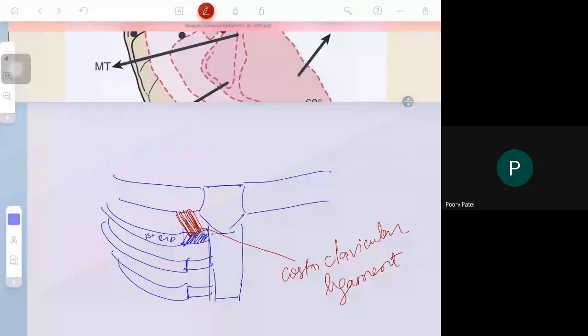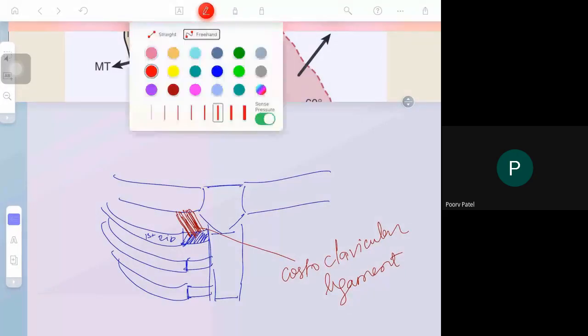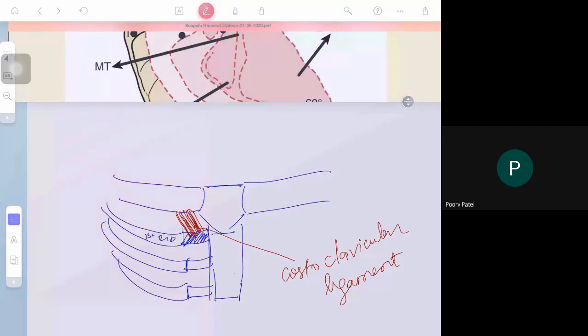So the axis, it passes through here. This is the axis where the rotation of the scapula occurs. Clear? It's a single line. You can see the same axis in this diagram.